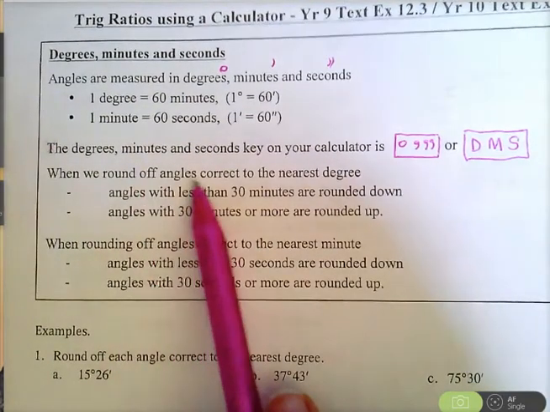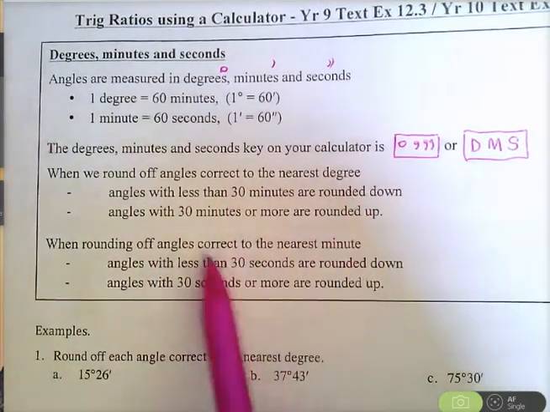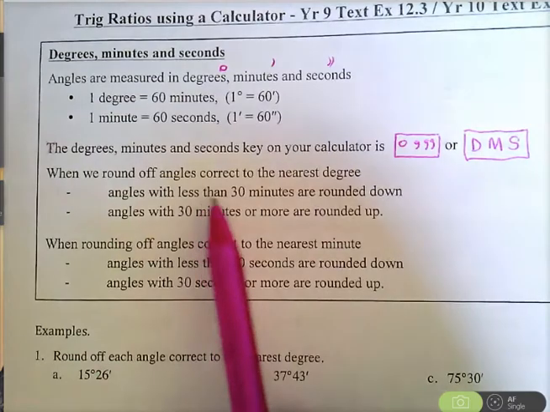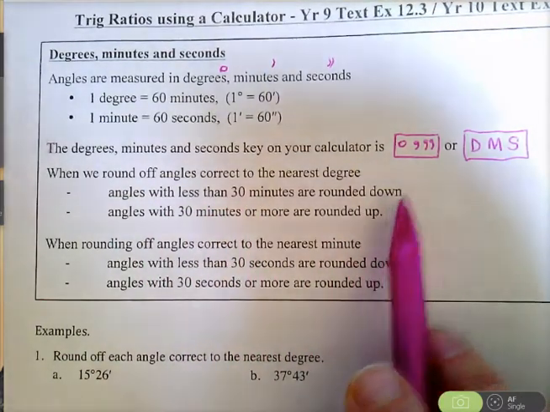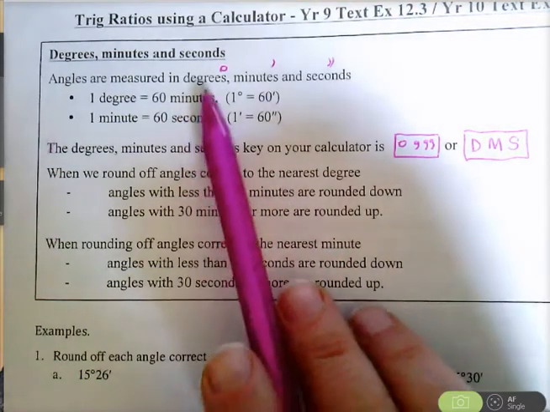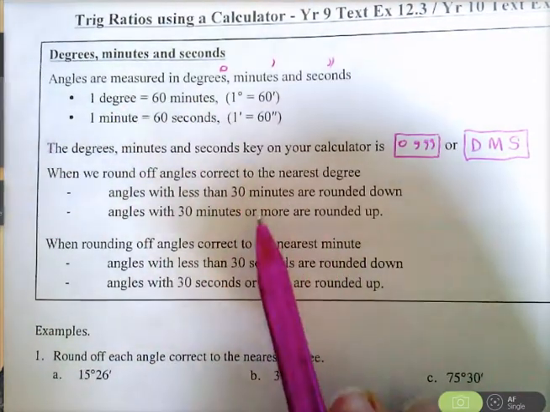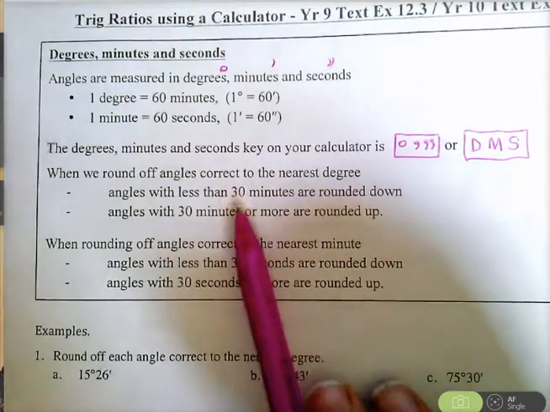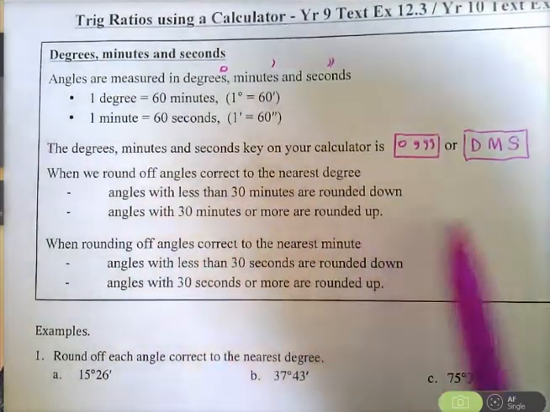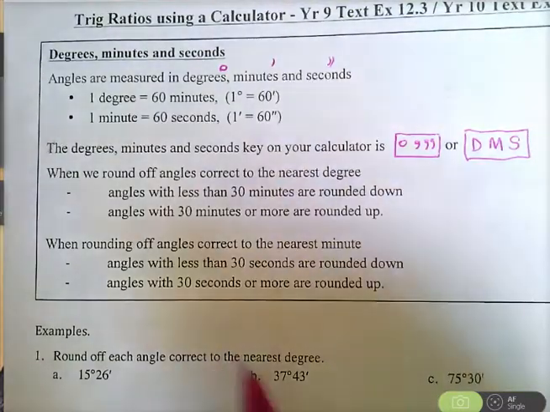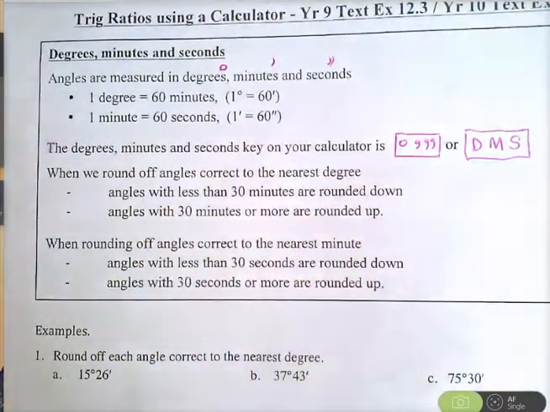Now, when we round off angles correct to the nearest degree, it's just like rounding time. Angles with less than 30 minutes are rounded down because there's 30 minutes in half a degree. So anything less than 30 gets rounded down, and angles with 30 minutes or more are rounded up because you're more than halfway around. So if you're halfway around or more, you round up.